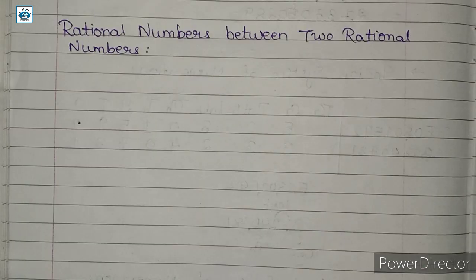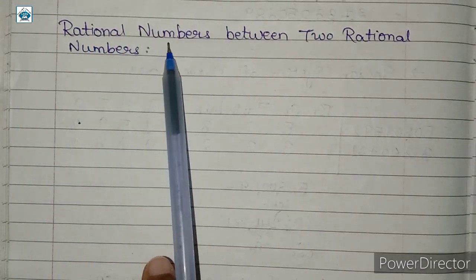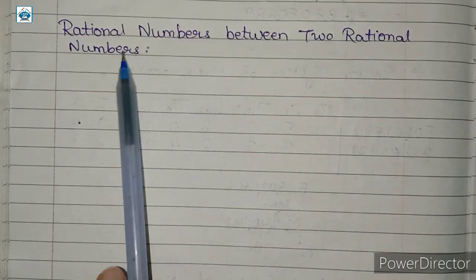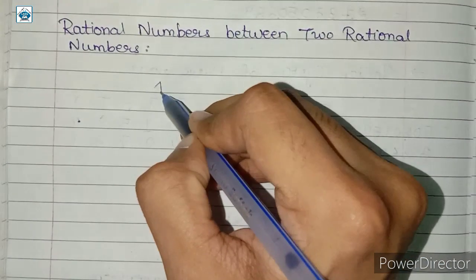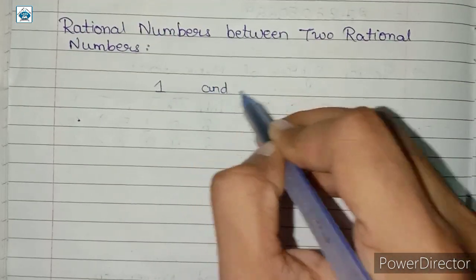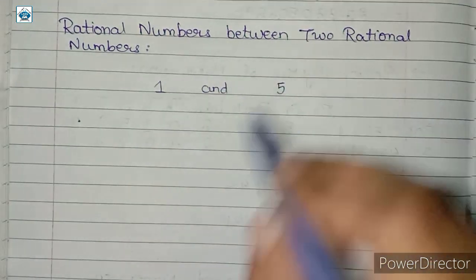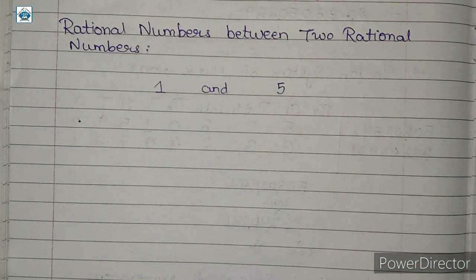The next topic we are going to discuss is rational numbers between two rational numbers. Let us begin with natural numbers. Consider the natural numbers 1 and 5. Now, how many natural numbers can you find between 1 and 5? The answer is very simple, right?